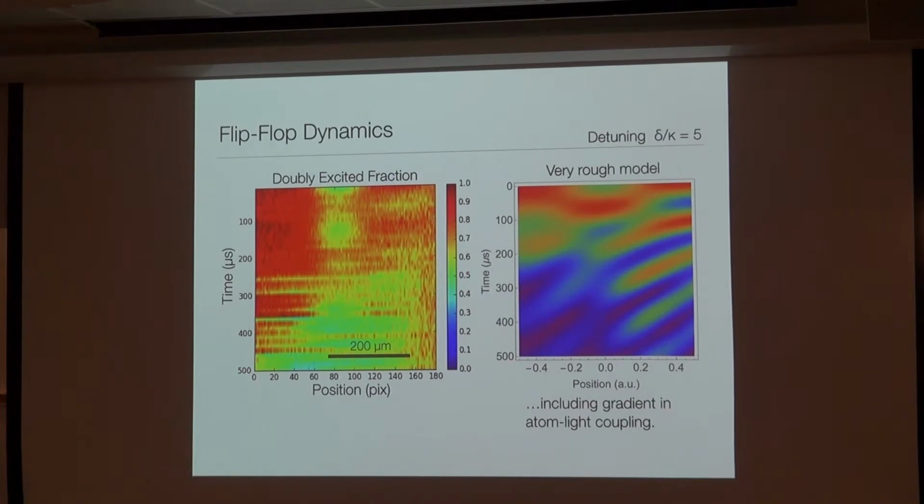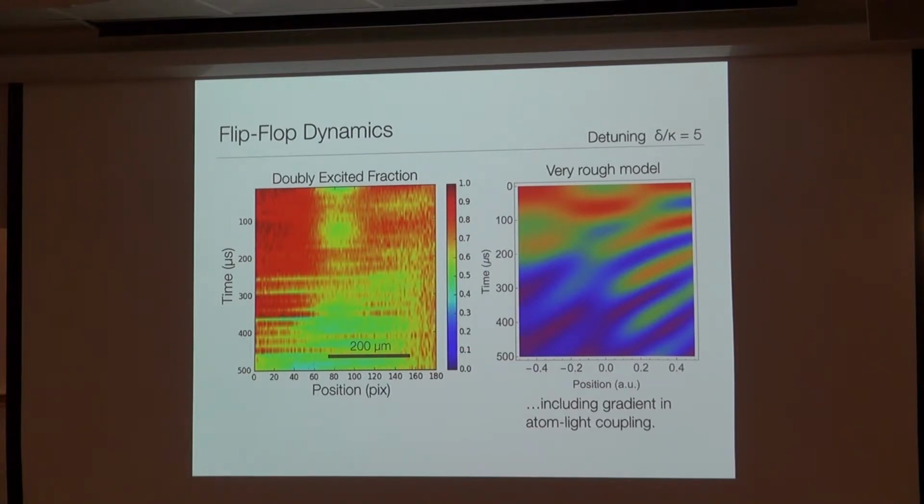I can even roughly try, again with a very rough model, to see whether I can capture the larger picture, this hopping of the excitations from this region into the center. If I look at these 3 blobs of where the depletion is, it reasonably well matches what we're seeing in the experiment, taking into account that the atom-light coupling is stronger on this side. Again, this is very early data.